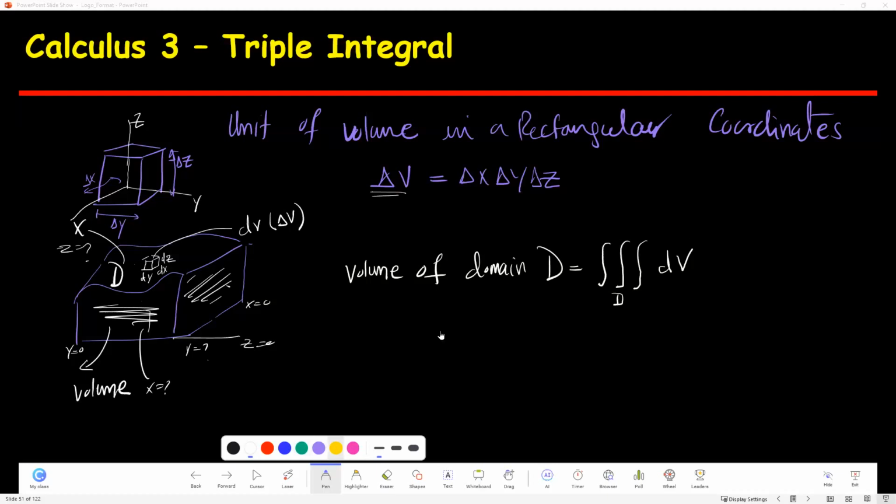This dV could be dz dy dx, or dx dy dz. It means if I'm doing this, I can make a dx and dy area.